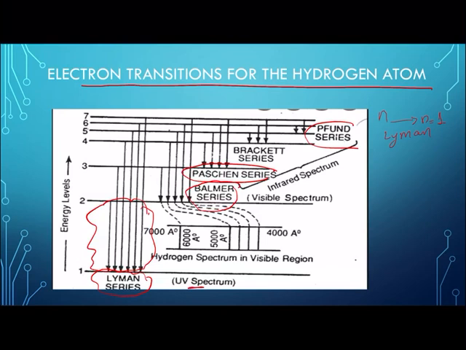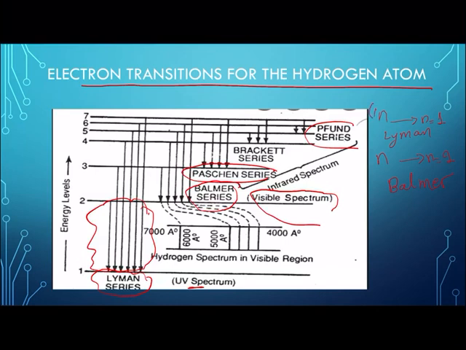When the electron goes from any energy level down to energy level 2, the Balmer series is obtained, which is the visible spectrum.